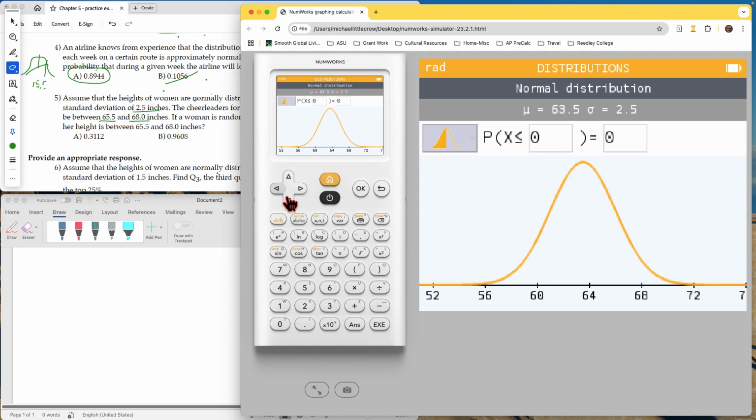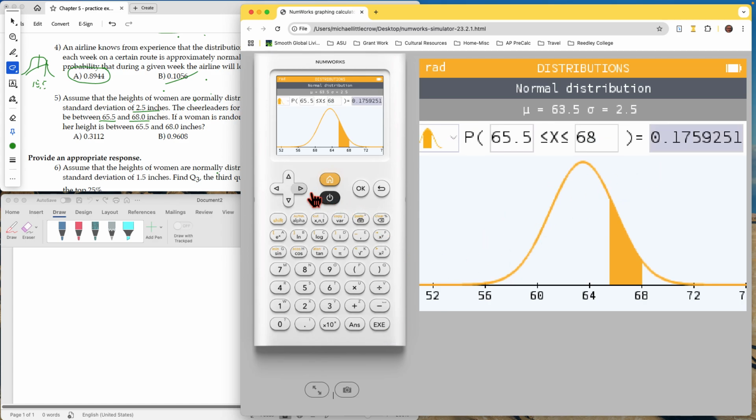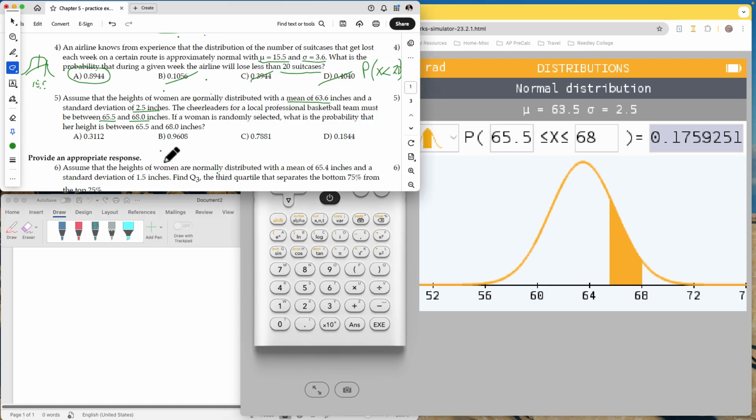We want the between, and so we choose that icon, and we get 65.5 is our lower end, our upper end is 68. So it's going to be 17%, right? 17.5, 0.1759.